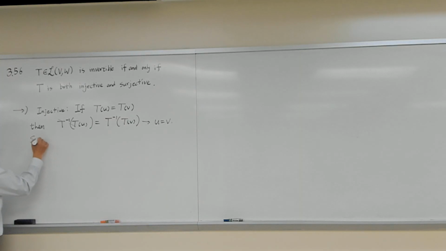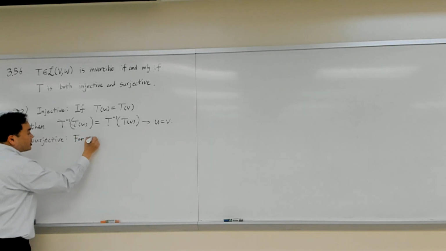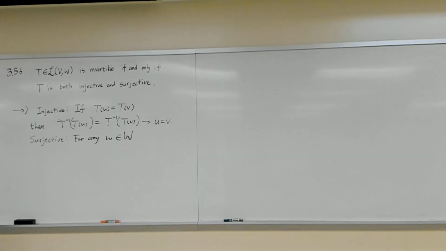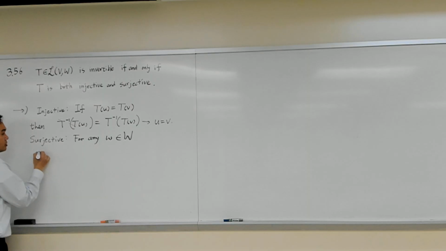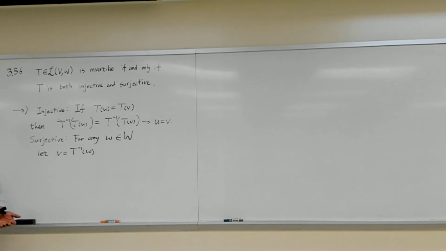How about surjective? For surjective, for any W in W, I have to show that there's a V where T of V is equal to W, right? So, let V be equal to T inverse of W. Since the inverse will map something in W to V, right? You can do such a thing.